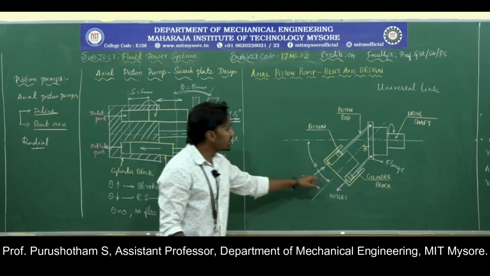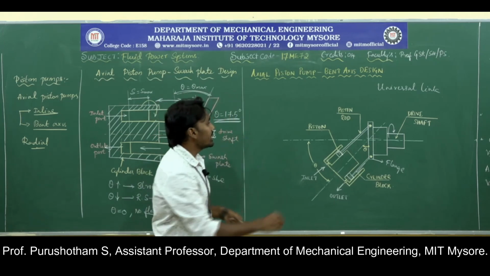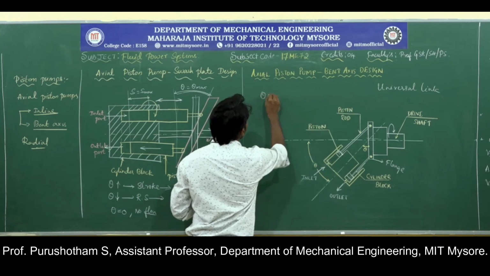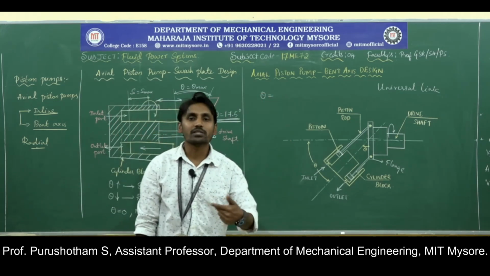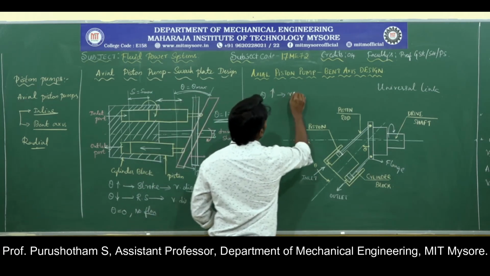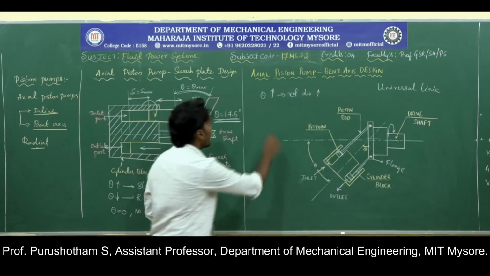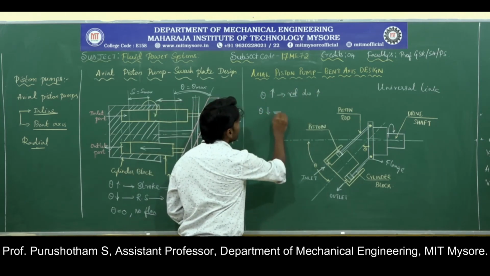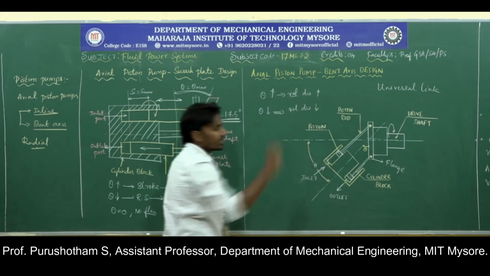Here also, this design can be used for a variable displacement pump. By varying the angle theta, we can change the volumetric displacement. If the angle theta is more, the volumetric displacement is high. If the angle theta reduces, the volumetric displacement is less.